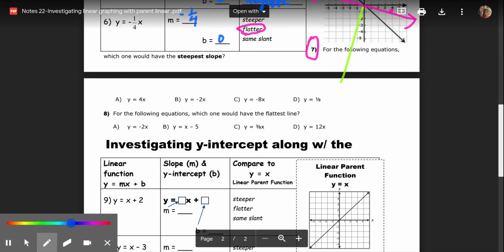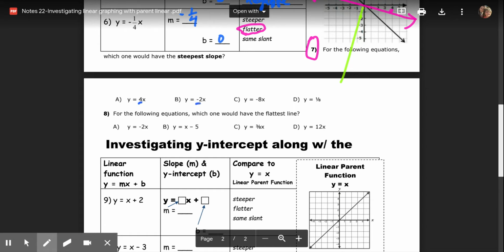The steepest slope. So let's think about this. The steepest slope, it doesn't matter whether it's negative or positive. It's just going to be the slope that is furthest from 0. So like on this one, this is 4 units from 0.